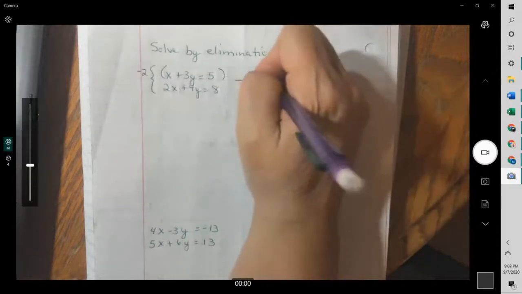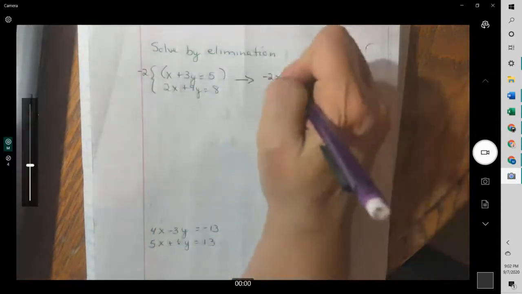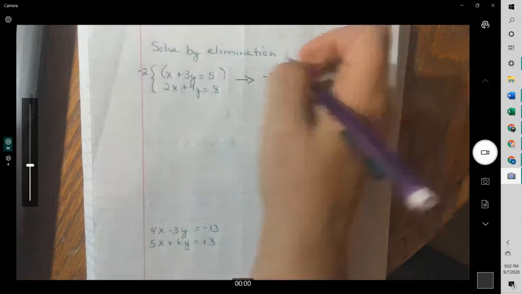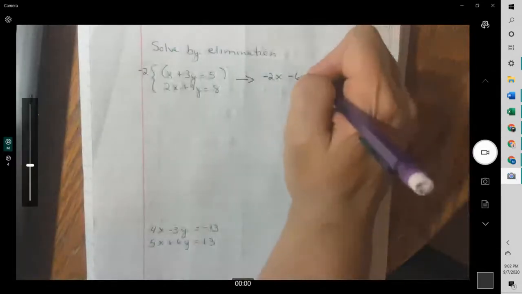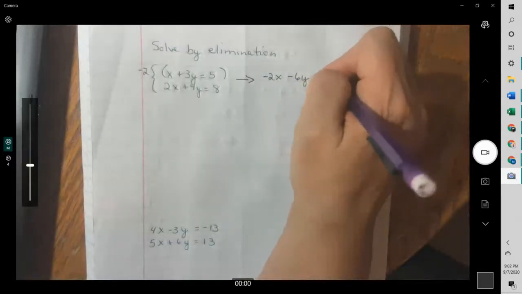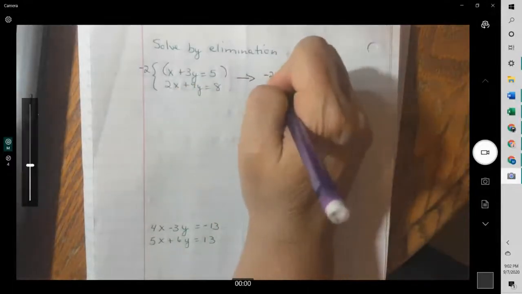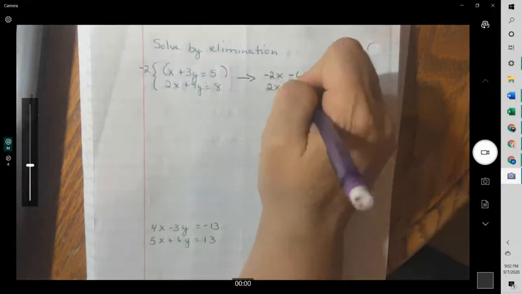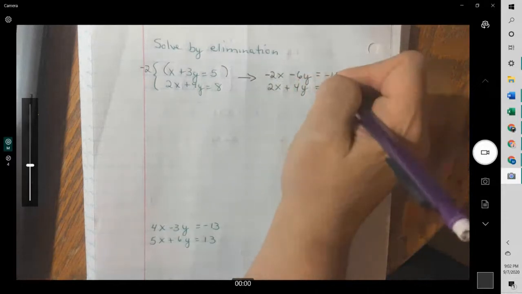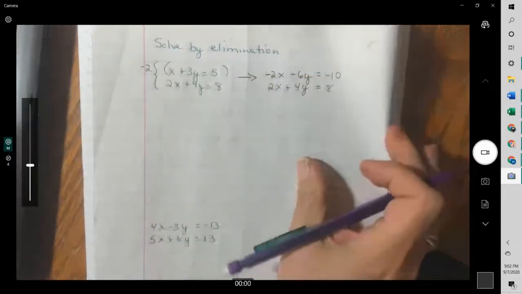Negative 2 times x is a negative 2x. Negative 2 times the 3y is a negative 6y. Negative 2 times 5 equals a negative 10. And this one we're not going to change.